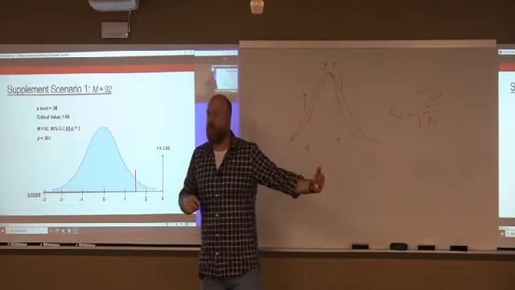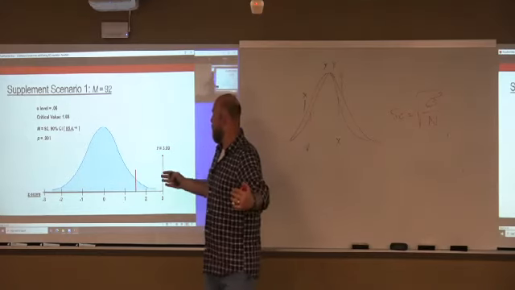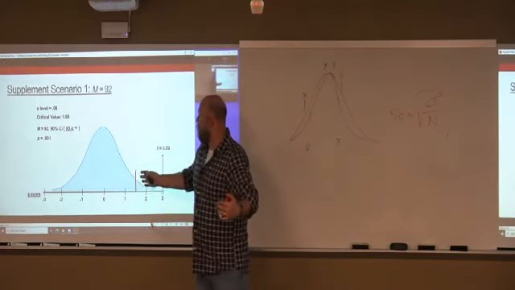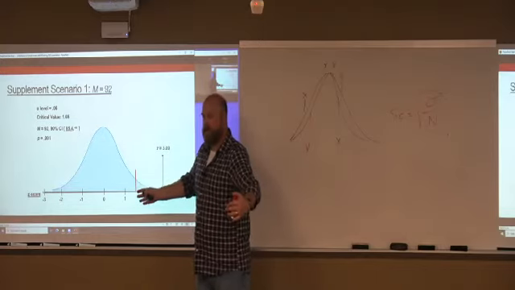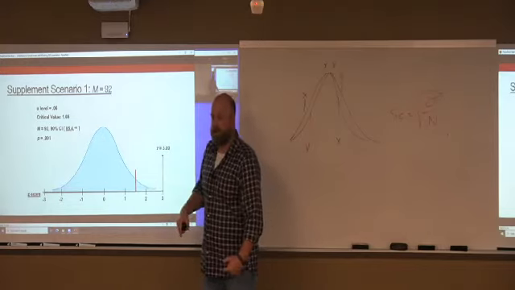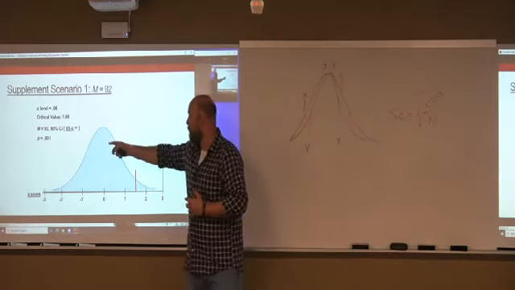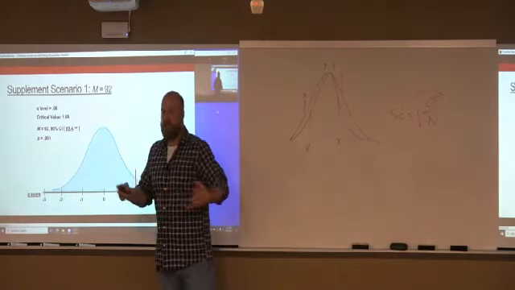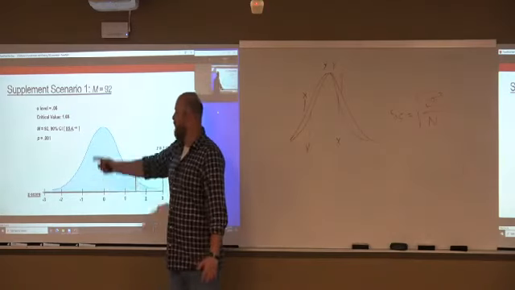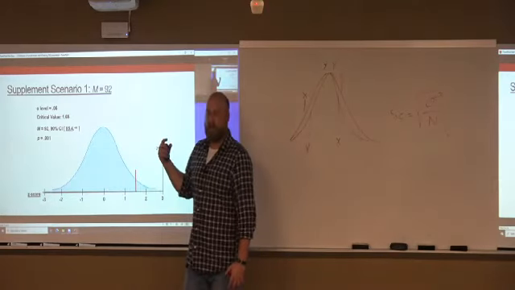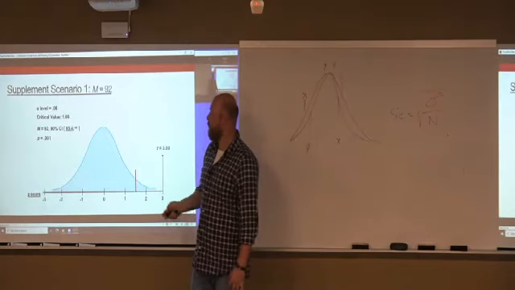I've got a lower bound that's farther back than it was with the two-tailed test because I'm putting everything here. And so this benchmark is smaller than the 1.95, right? So it's going to expand things out. But I just don't have an upper bound because I don't care about the upper bound. It's just the lower bound that I care about here, okay?